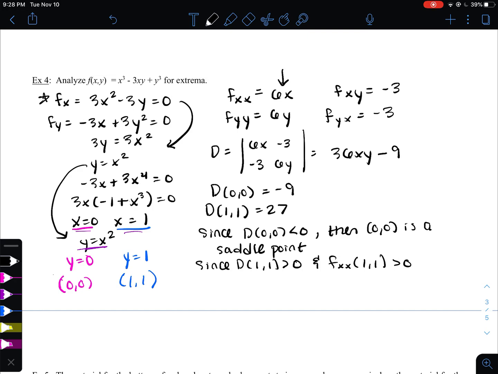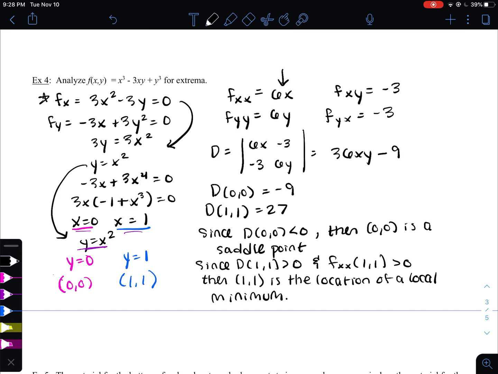That means my concavity, okay, all going upwards, right? Okay, that means 1, 1 is the location of a local minimum.